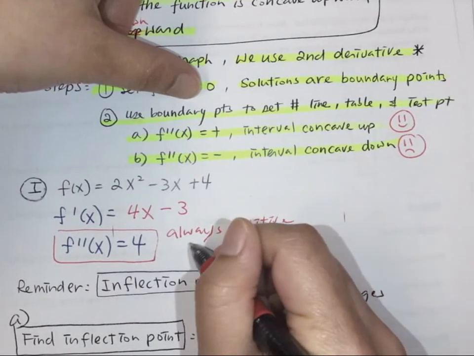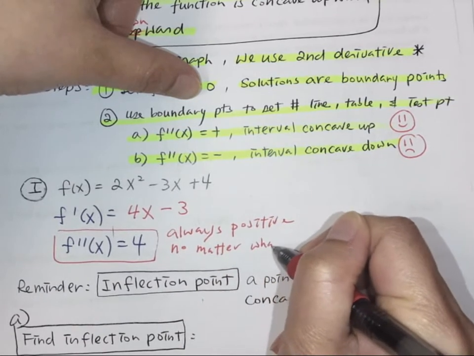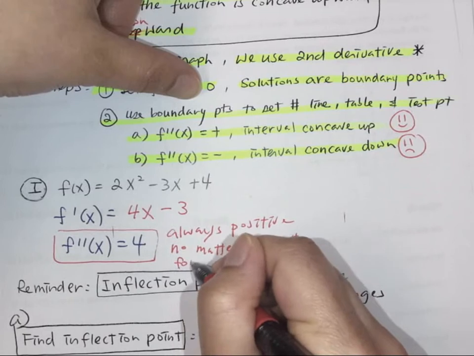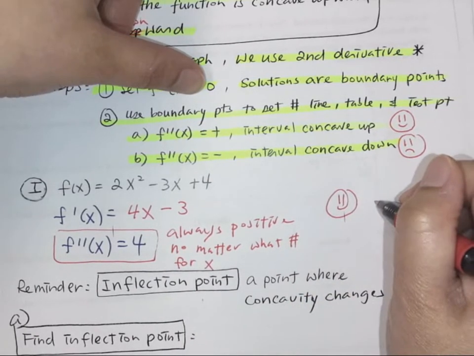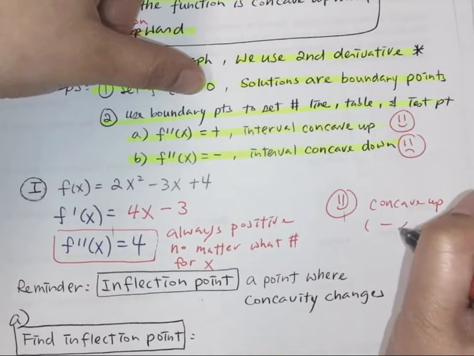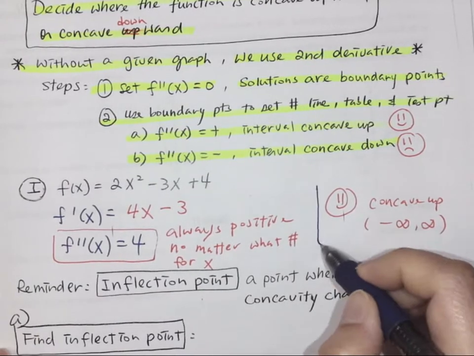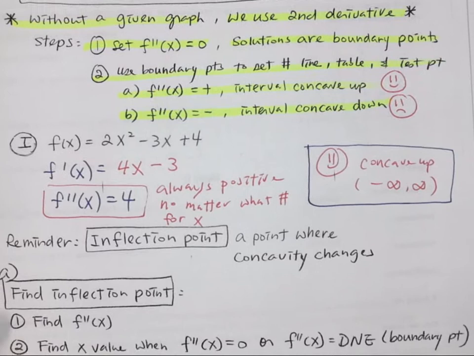No matter what number for x, we don't have a place to plug in x, so it's always going to be positive. Therefore, it's going to be concave up from negative infinity to positive infinity. So that's the answer. And because it didn't change concavity, it's going to have no inflection points.